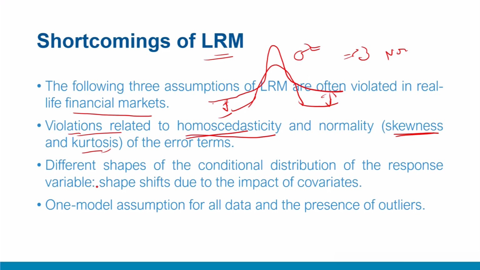Often there is a shape shifting due to covariates. Because of the nature of the covariates, or the independent variables, the shape may not be as theoretically required for the linear regression model. It may change. It may be conditional.